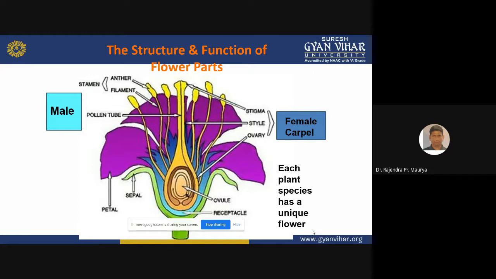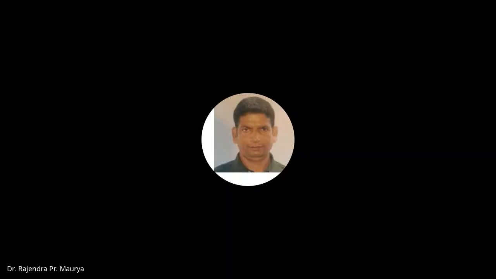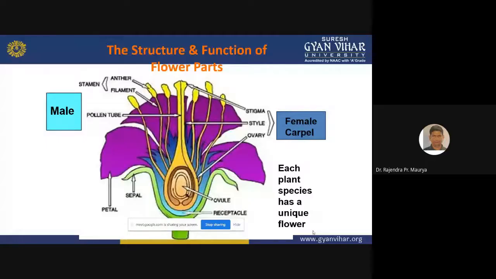The accessory organs are the receptacle, the sepals and petals. And the reproductive part is a very important part, particularly in fruit plants and fruit vegetables.